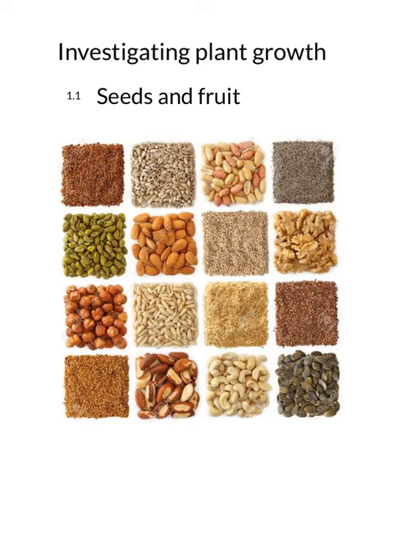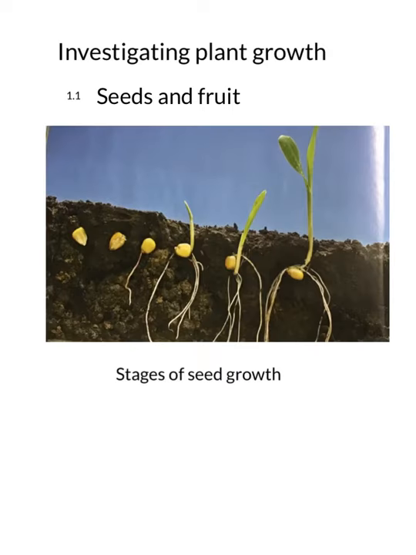We will now look deeply into how a seed grows into a new plant. Here this image shows us how a seed sown in the soil grows into a plant. The first part that grows from the seed is the root.